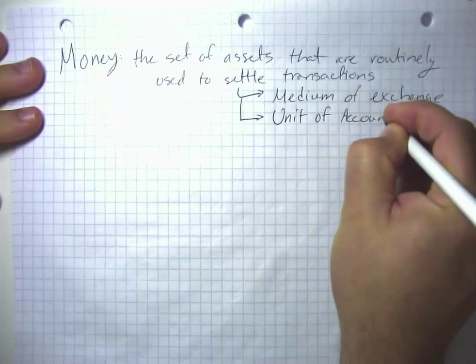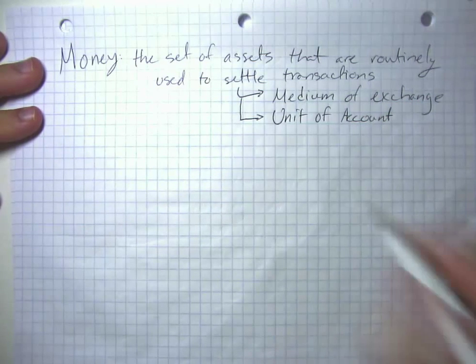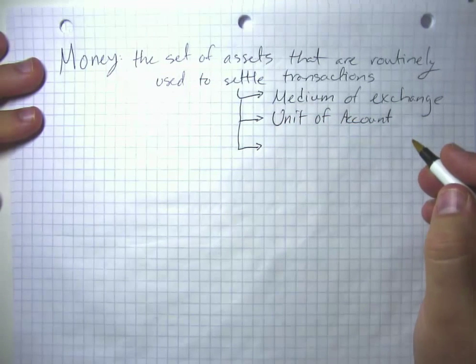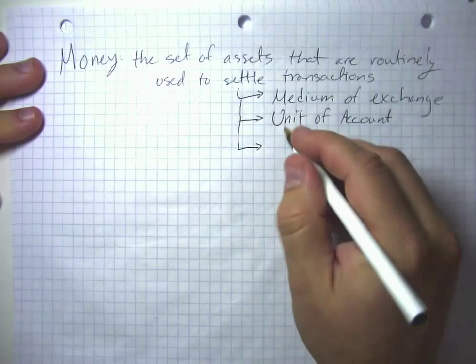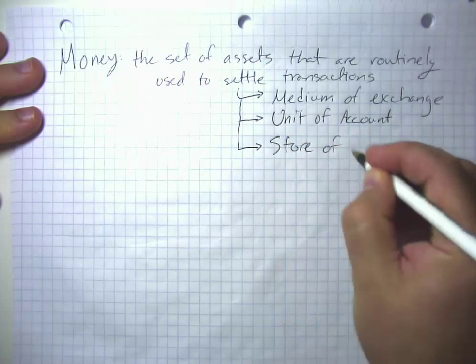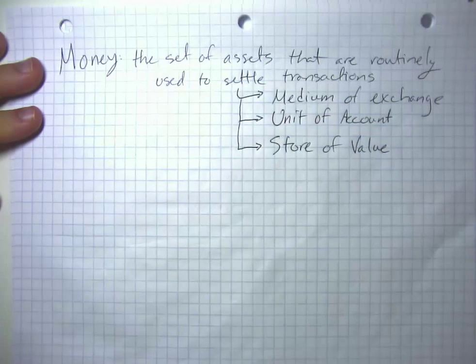That is, money is how we measure prices and values. The third purpose of money that we talk about is that money is a store of value, that money allows us to transport purchasing power over time.